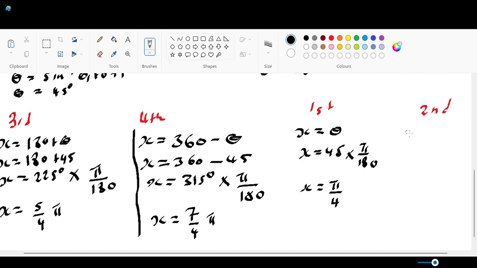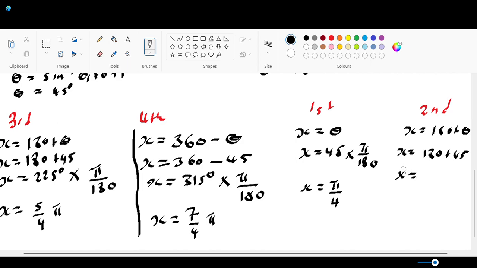What about the second quadrant? Now, how do we represent the second quadrant? So the second quadrant is 180 plus theta. Let me just do it. So it's going to be x, 180 plus 45.